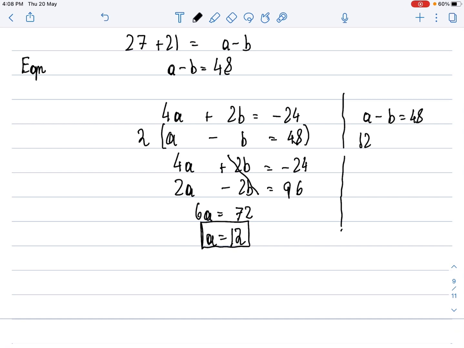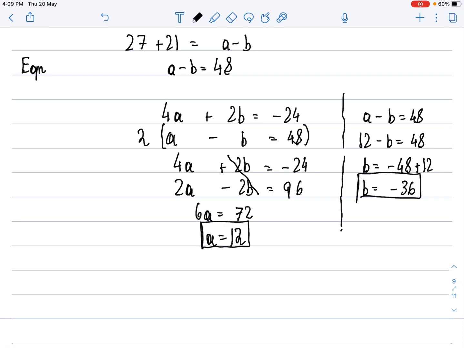I know my a is 12, so 12 minus b equals 48. So I know that b is equal to minus 48 plus 12. So b is equal to minus 36.